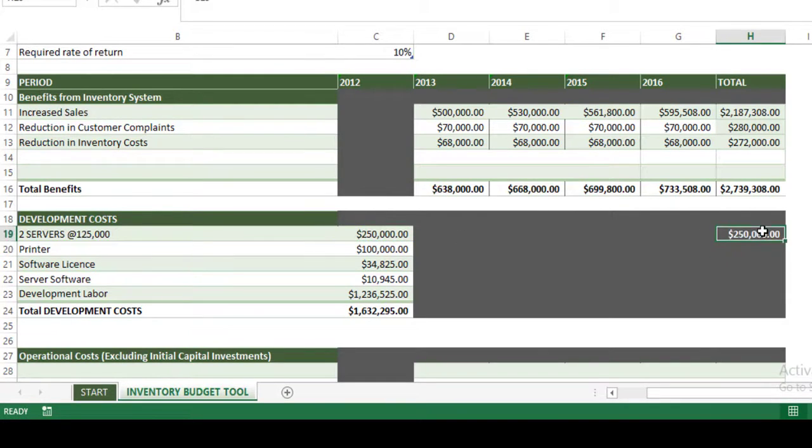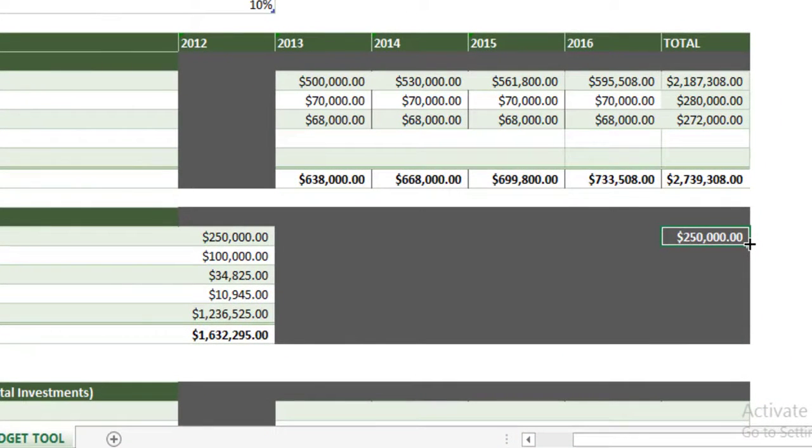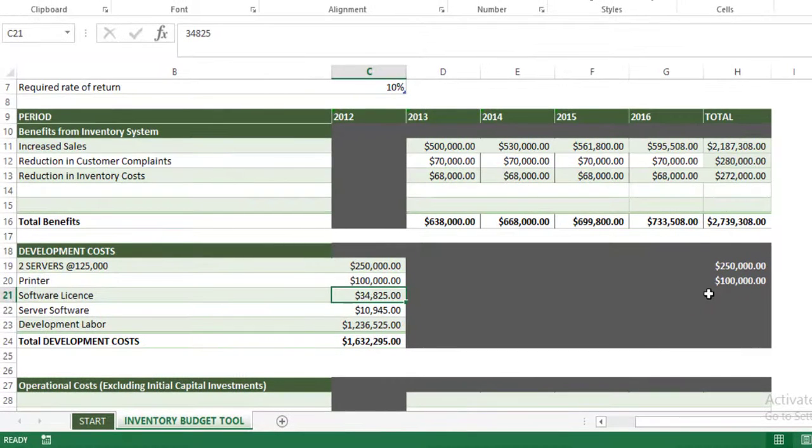It's going to populate the same thing. The same case for this one, the same case for that one. You complete all of it so that you can have the totals.